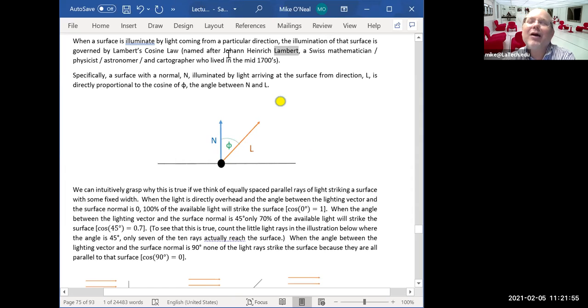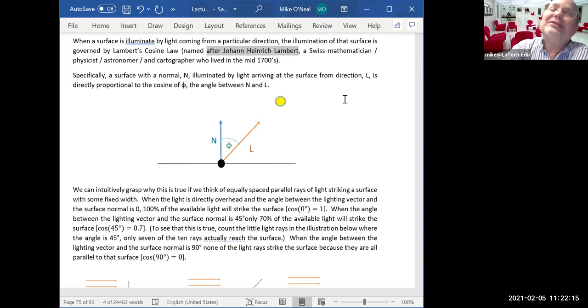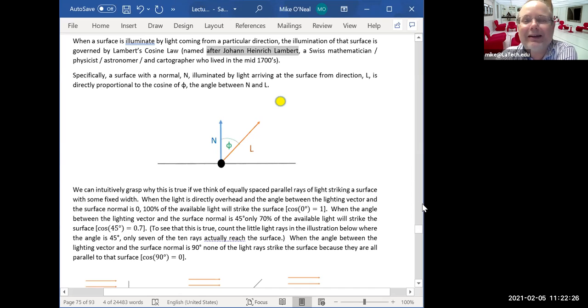I do see his name frequently as Johann Heinrich Lambert, but on the Wikipedia page they have Jean-Henri. So maybe nobody is quite sure. Maybe he was Johann Heinrich when he went to Munich, and when he went to France, maybe he was Jean-Henri. So anyway.